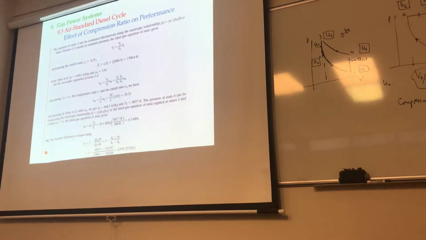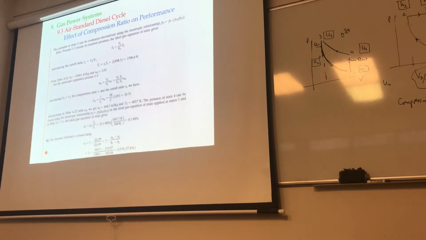So what are we going to do? Well, PV over T is equal to a constant, but P is constant. That means V over T is constant between the two states. You know V over T for this state, so you can find the temperature T3 immediately.